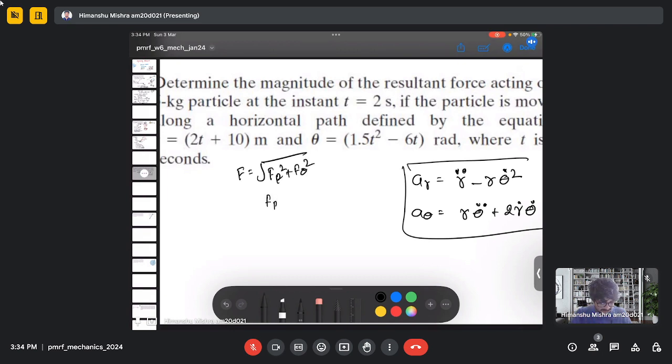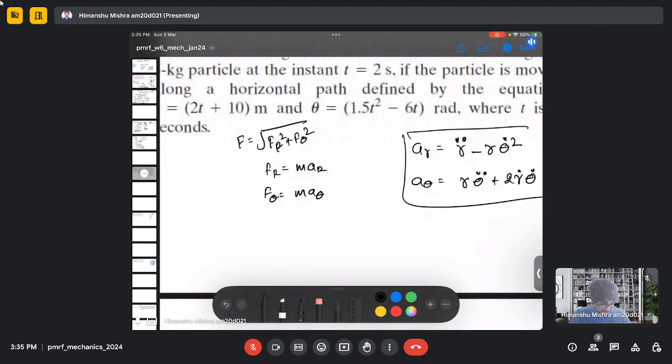From Newton's second law, Fr is m a r and F theta is m a theta. So we need to figure out the acceleration first, and once we have these components, we can easily form the forces and then the resultant force.